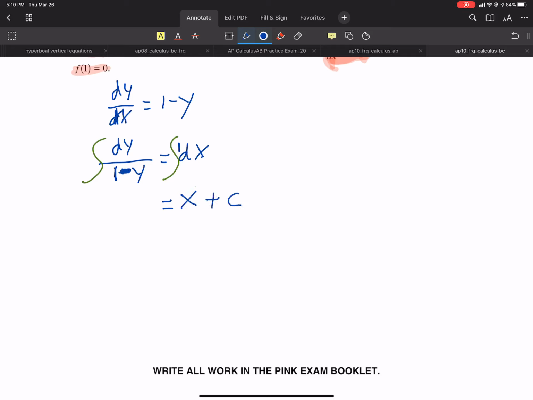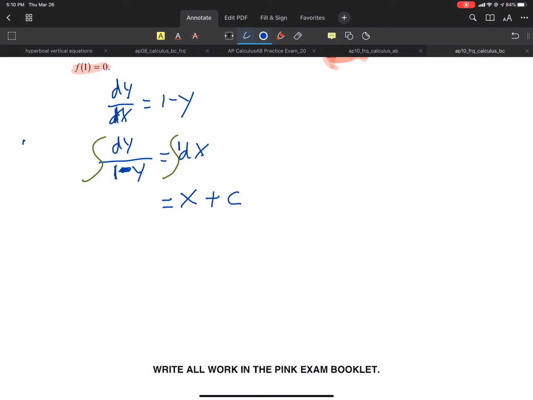Now the left side, be careful. It technically is a u sub. Not technically, it is a u sub. So you would make u 1 minus y. Du is negative dy. Do we have a negative dy? Now you do.